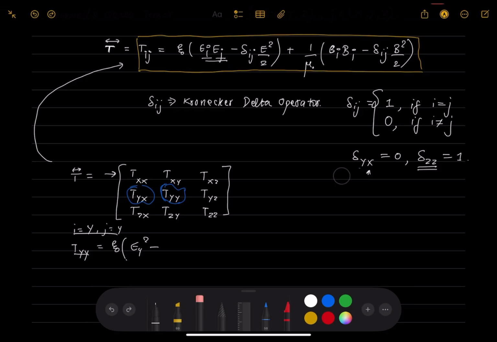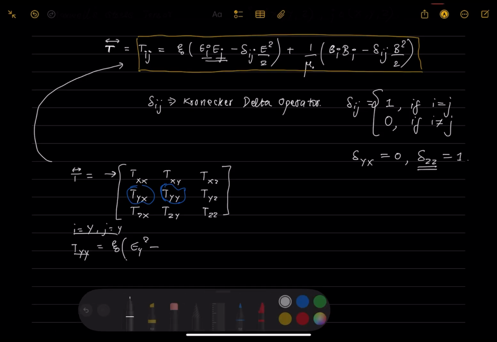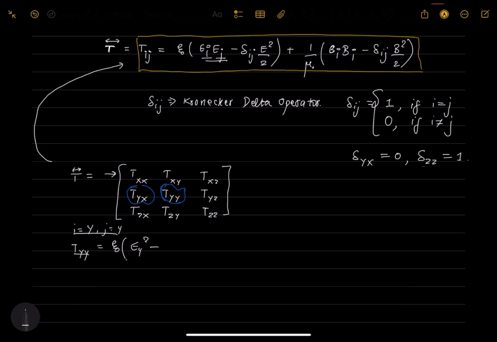So we'll see why we've defined such a weird object with different definitions for diagonal and off-diagonal terms. But we're going to have a bit of patience, right? So let's explore a bit about what this object is, what its terms are. Okay, so we were writing the Tyy element. We'd finished with the first term.